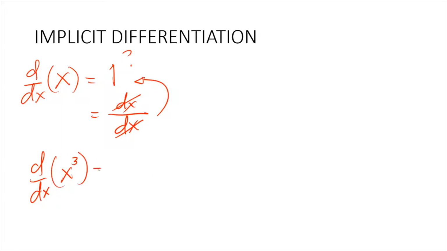Using the power rule, this is 3x squared, right? But this is actually 3x squared dx over dx. Again, this is because we are taking the derivative of x with respect to x, and again, this simplifies to 1. Okay?